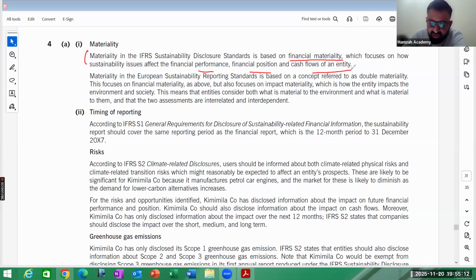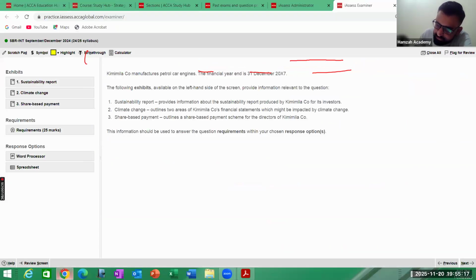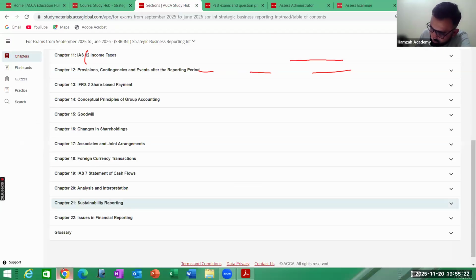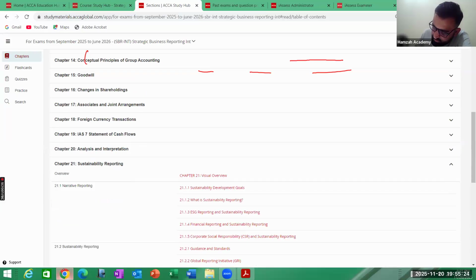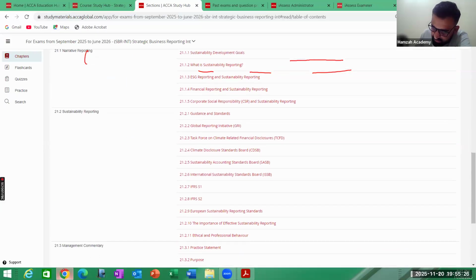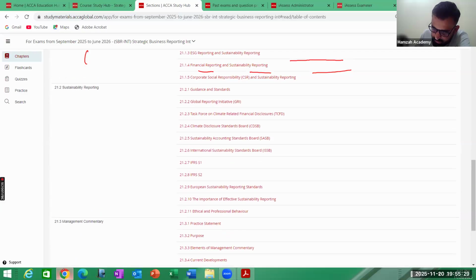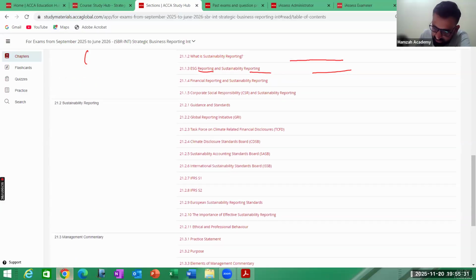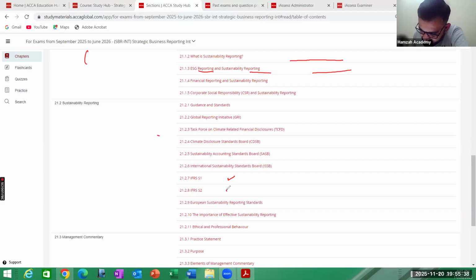And you will find all this information in chapter number 21, this chapter. When you read this chapter, just focus on these highlighted areas: IFRS S1, IFRS S2, and the European Sustainability Reporting Standard.